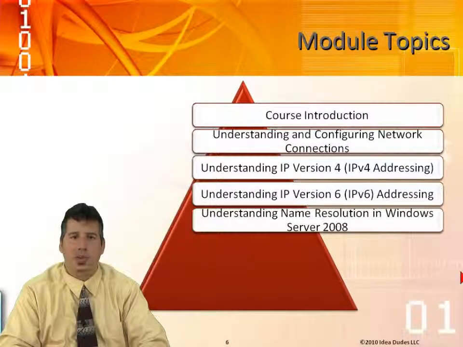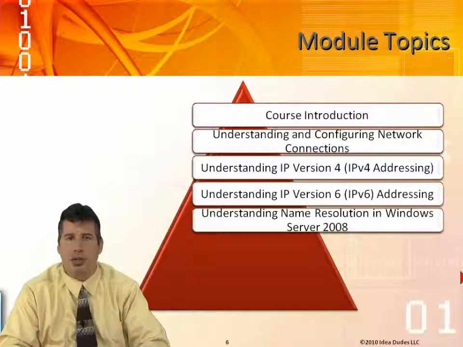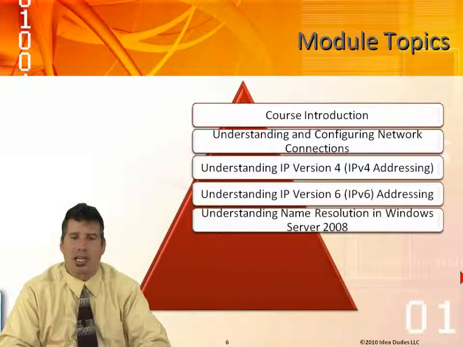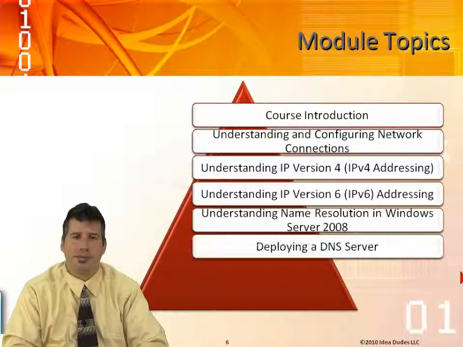Understanding name resolution in Windows Server 2008, looking at DNS, WINS, LM host, looking at broadcasting, all the different things, LLMNR, which is the new resolution protocol we have for IP version 6 in Windows 2008, the network discovery, and all the new changes that we do have in Windows 2008.